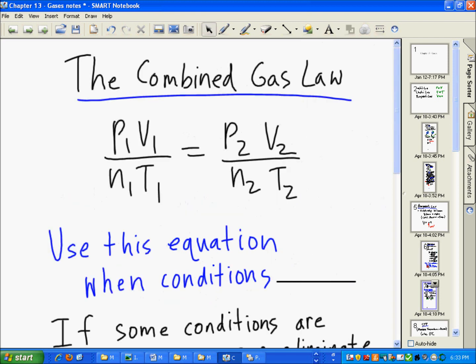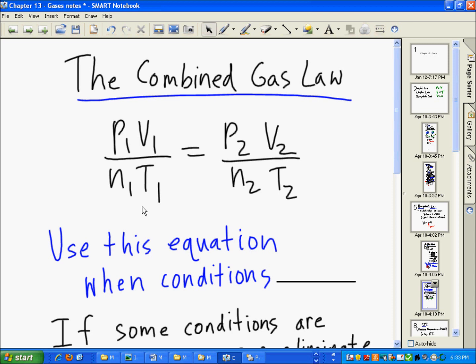There will also be some problems where they will change the conditions. So the problem will say you're given a particular gas under this set of conditions, and then you change the temperature. What will the new pressure be, for example? If you've got that kind of problem, where you have a before and an after, then this is the equation. And this equation actually comes out of the ideal gas law equation.